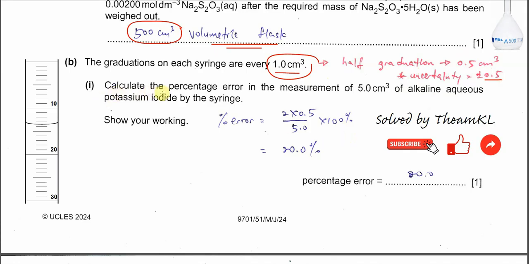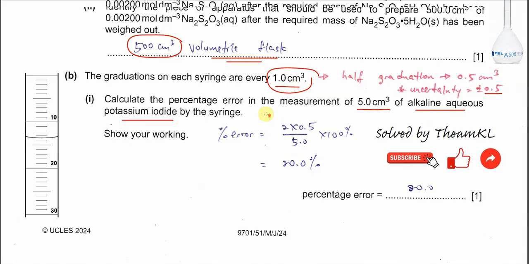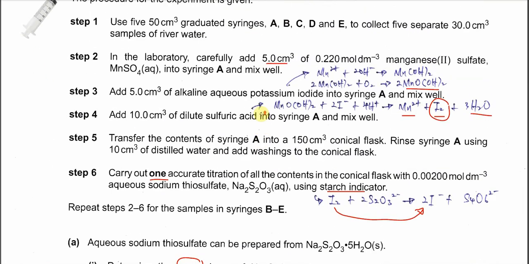Part 1. Calculate the percentage error in the measurement of 5 cm cube of alkaline aqueous potassium iodide. So first we need to know how many measurements we need to take. If we follow the procedure, because the solution is added one by one to the syringe, when this 5 cm cube of the alkaline aqueous potassium iodide gets into the syringe, we need to read 2 times actually.